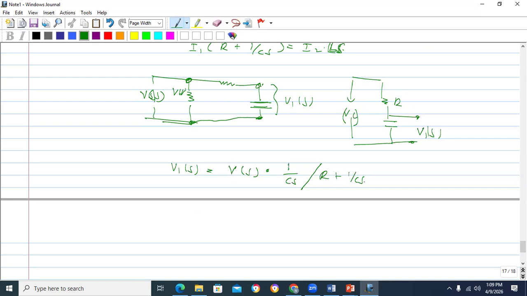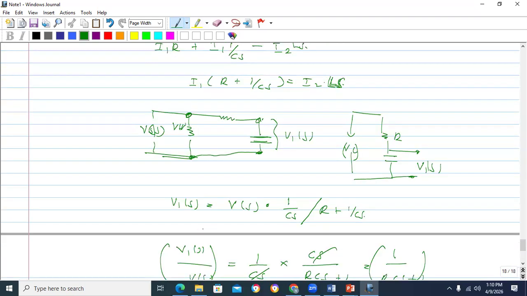So V1(s) over Vs is equal to 1 over Cs into Cs divided by RCs plus 1. The Cs cancel, so we have 1 over RCs plus 1. This is the answer. Actually, you do not need to write this equation.